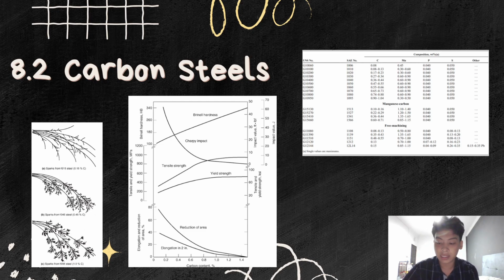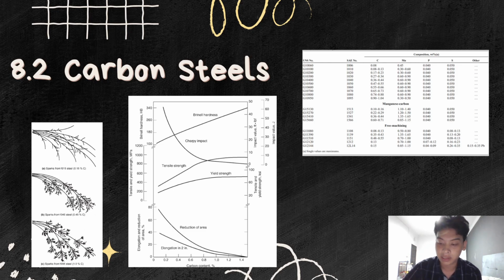Steel containing less than 0.30% C is called low carbon steel or mild steel. Steel containing between 0.20% and 0.60% C is called medium carbon steel. Steel containing more than 0.60% C is called high carbon steel.